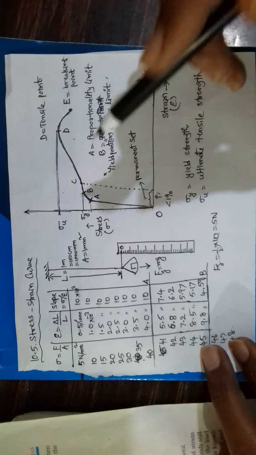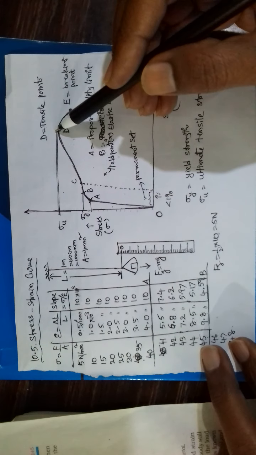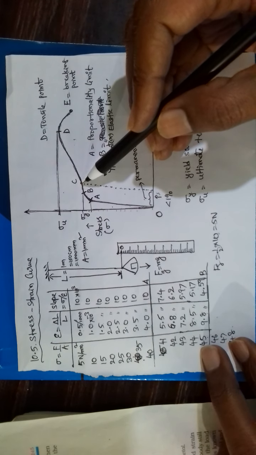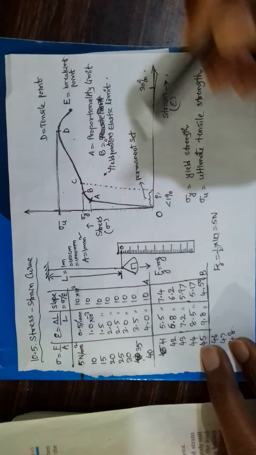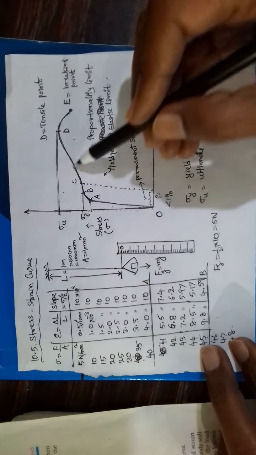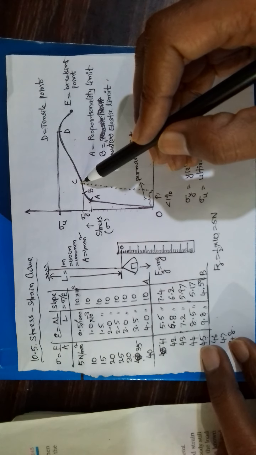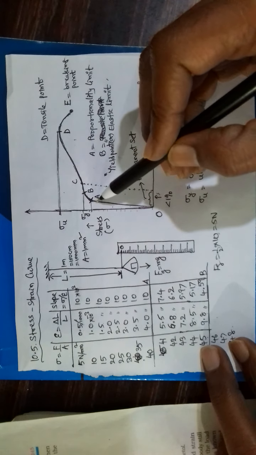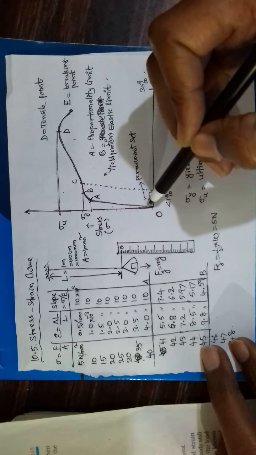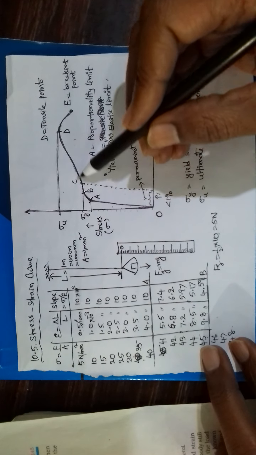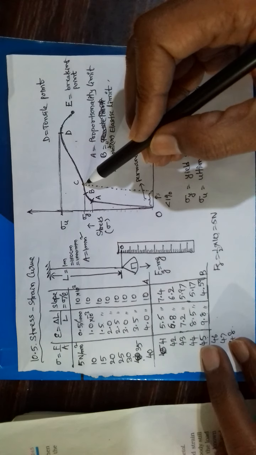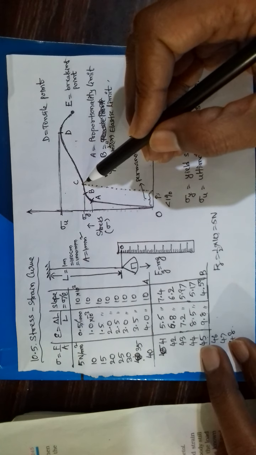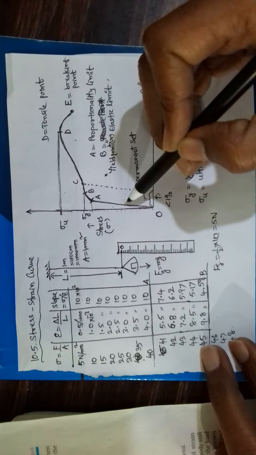You can check. You select a point between B and D, say at C, and from there you go on decreasing the load. Your graph, your curve will not follow this path. See, while loading the graph followed this path, but from C, if you decrease the load, it will not follow this path.